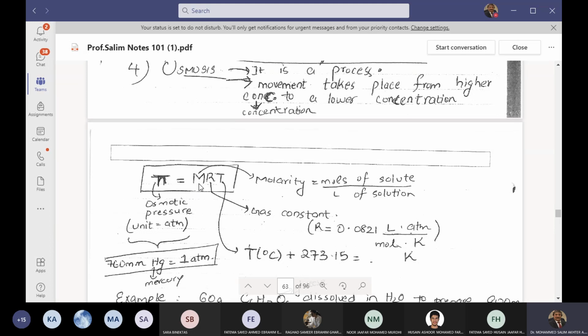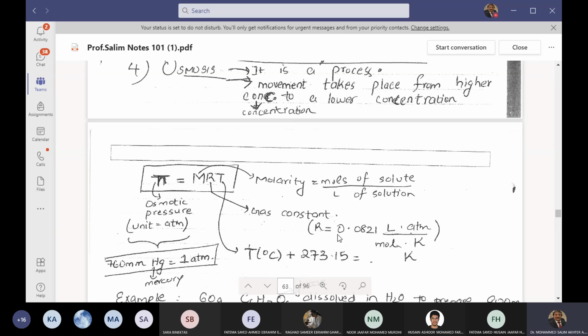Molarity means moles of solute divided by liter of solution. R is a gas constant. R is equal to 0.0821 liter ATM per mole per degree, depending on which unit you are using.